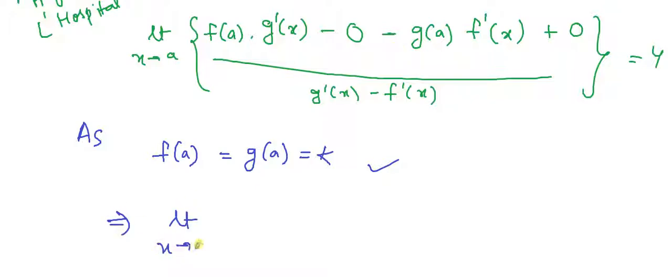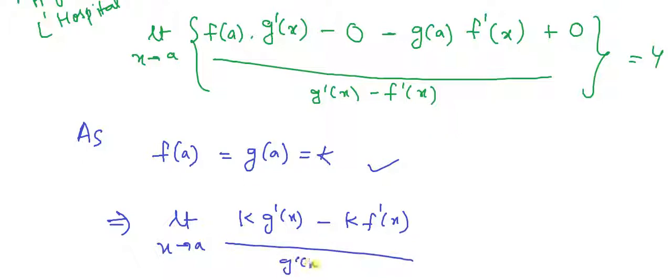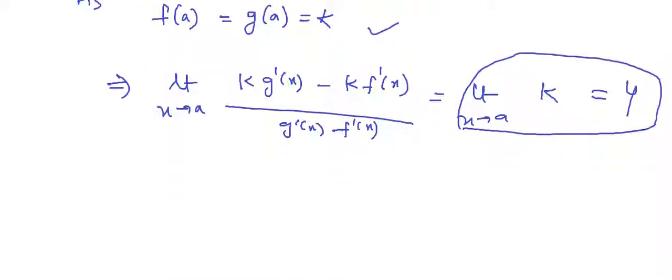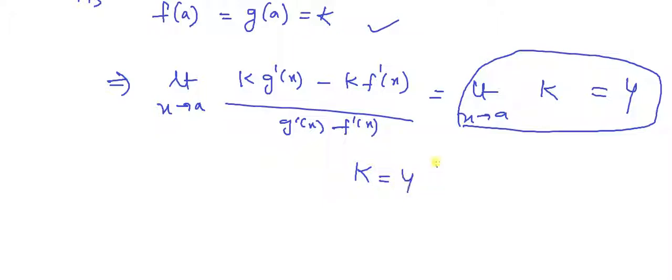Limit x tends to a, k times g dash of x minus k times f dash of x, whole divided by g dash of x minus f dash of x. So now you can take common g dash of x minus f dash of x from the numerator, and you will see limit x tends to a. You will be left with only k, and that value is equal to 4. So after putting this limit, you will get that k is equal to 4 as an answer.